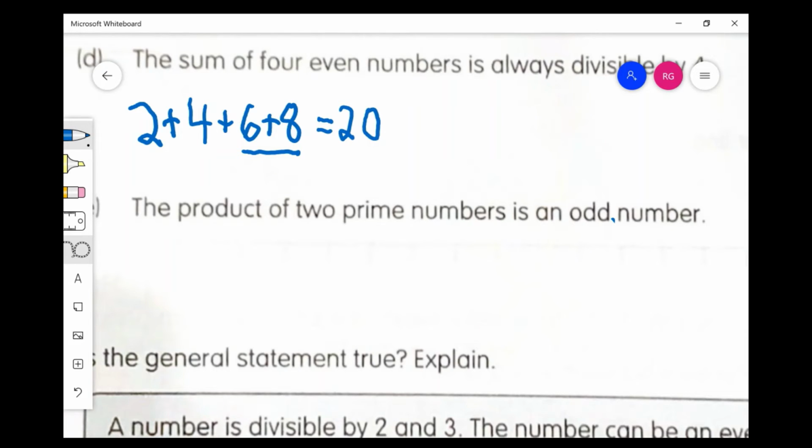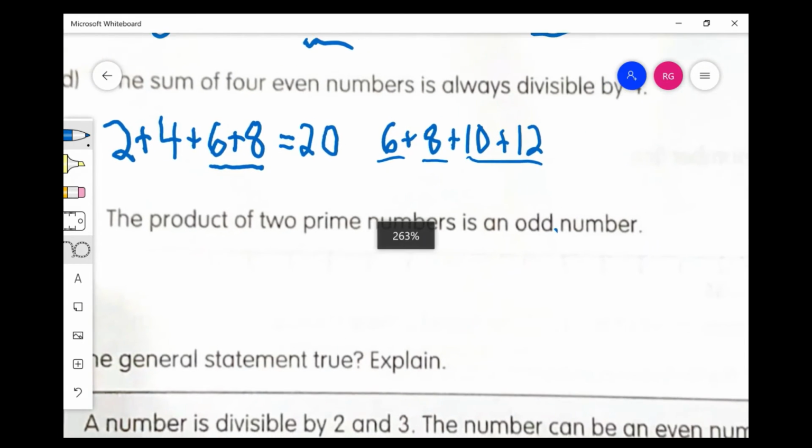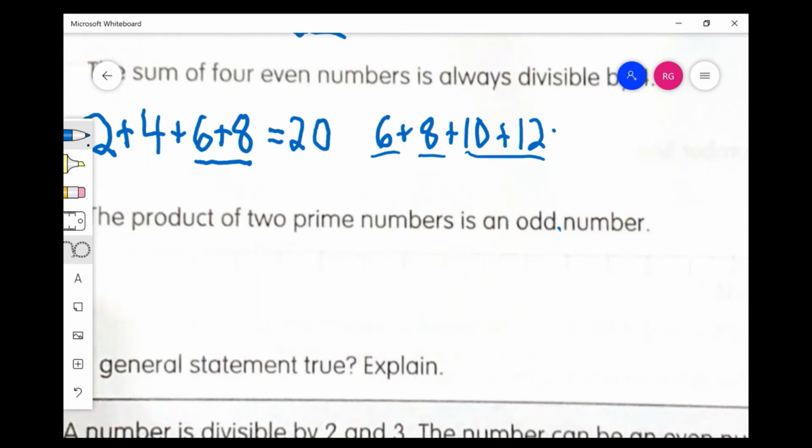And in this case, 20 is divisible by 4. So we should try another example just to see. Let's try 6 plus 8 plus 10 plus 12. Okay, and here we get 22 plus 8 is 30, 36. And in this case, that is also divisible by 4.